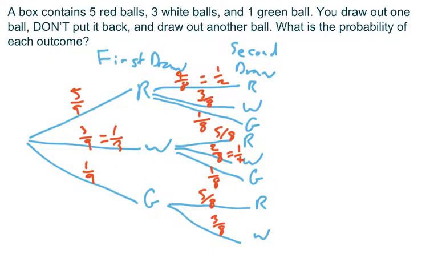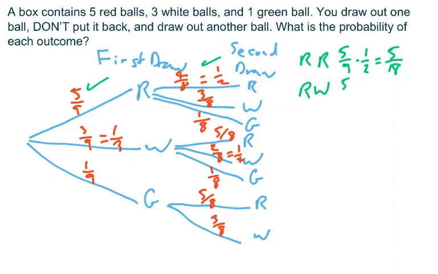So if I make a list of all possible outcomes, I could have a red followed by a red, and the probability of that I would get by looking down the branch of the tree that goes to red and then to red, and the product of those probabilities would be 5/9 times 1/2. So that probability would be 5/18. I could also have red followed by white.